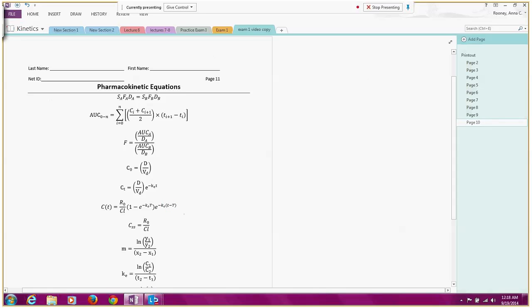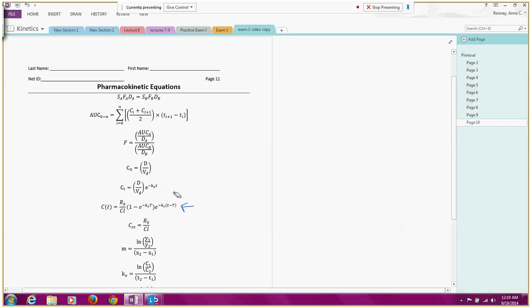We're going to use the concentration of a loading dose, and then we're also going to use the concentration of a continuous infusion. And I'm going to tell you right now that I am not going to write in this part of the equation. Now, why am I not writing in that part of the equation in this particular problem?